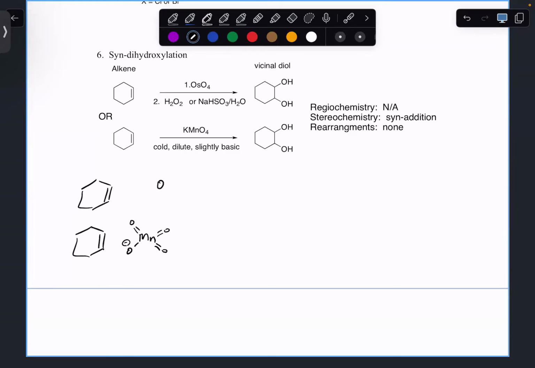Osmium tetroxide looks like this. But when these react, they end up making structures that look like this. So that's what's known as an osmate ester.